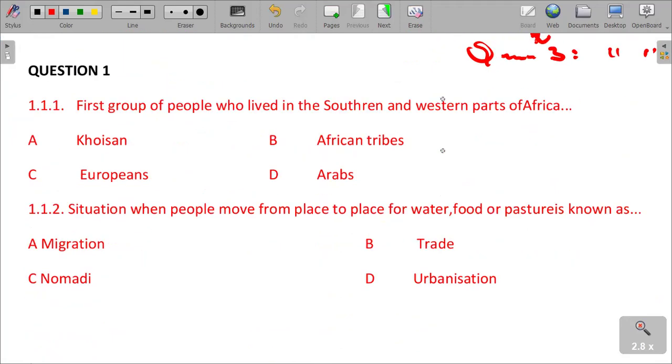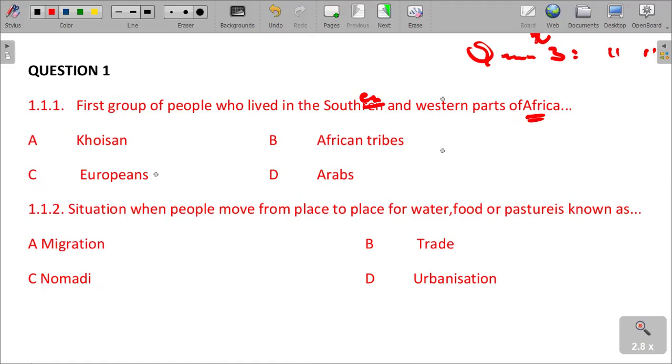So without wasting any time, the first question reads: the first group of people who lived in the Southern and Western parts of Africa are called what?